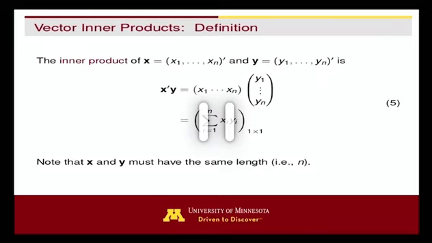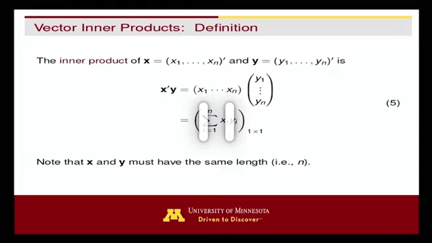By the time you are multiplying a vector by another vector, the way we go is x1 multiplied by y1, x2 multiplied by y2, until you get to xn multiplied by yn. So you're going to have something.